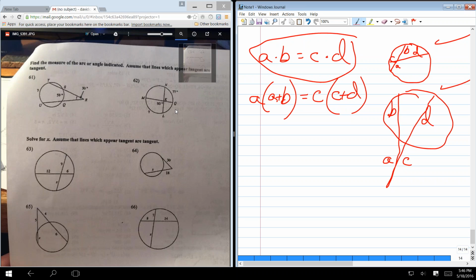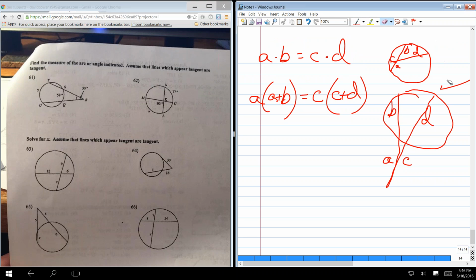There's a lot of different scenarios depending on whether you have intersecting chords, whether you're dealing with segment lengths, whether you're dealing with degrees. So if you can have a note card, this is what I would advise for a note card.